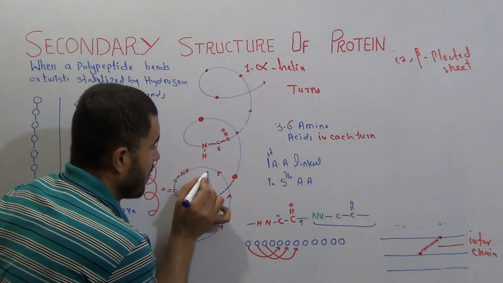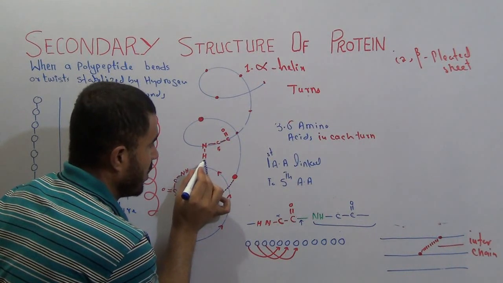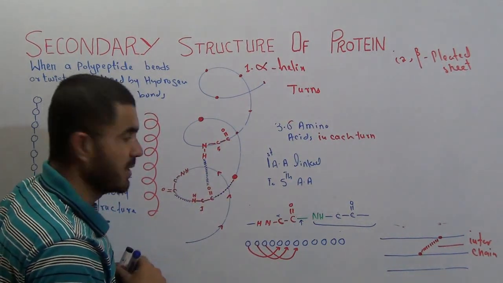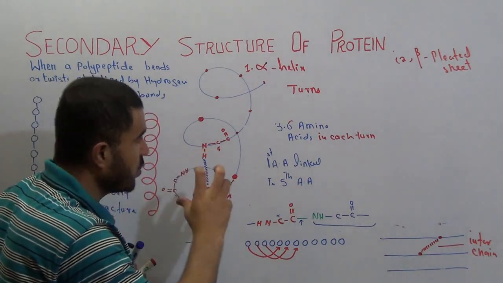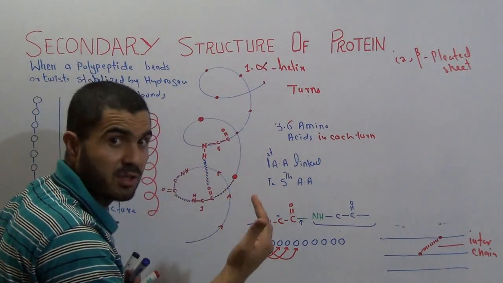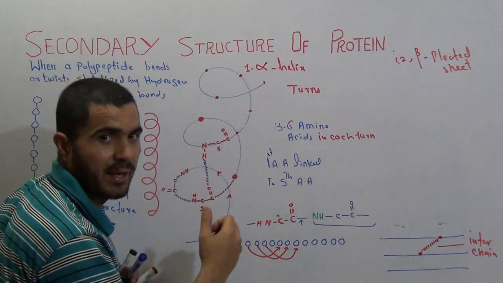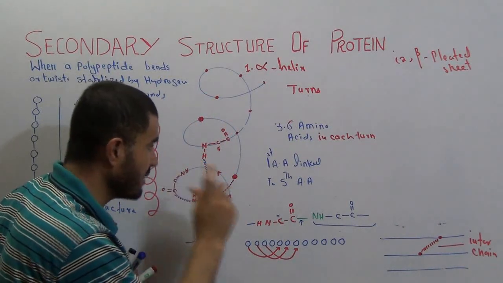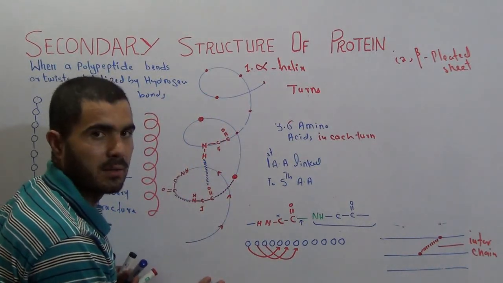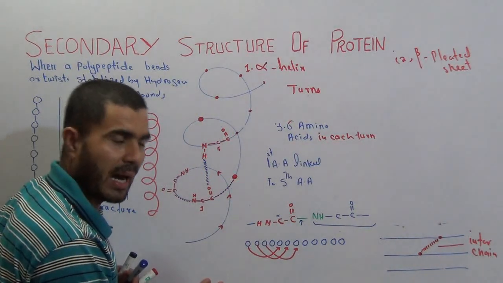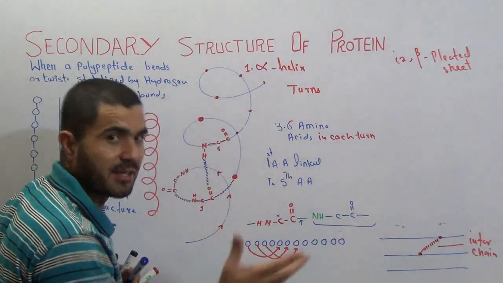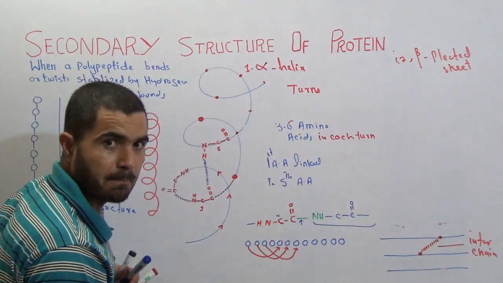So here a hydrogen bond will be seen. In this way, all other hydrogen bonds will also be formed in the same way. So with this one hydrogen bond, my students, I think, got the idea of how the hydrogen bonds are made.